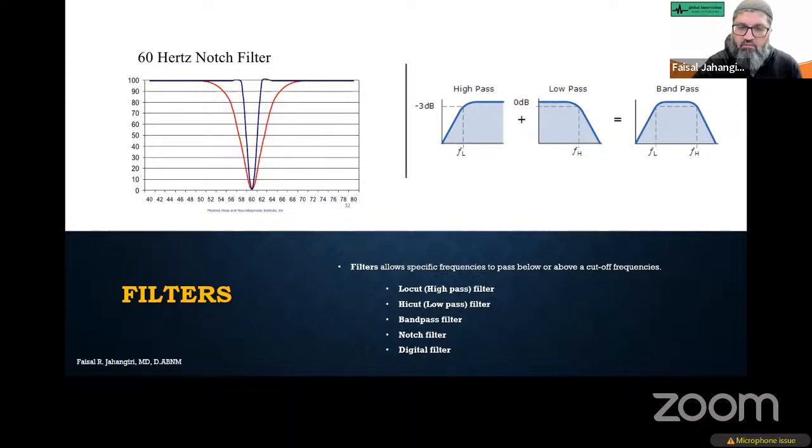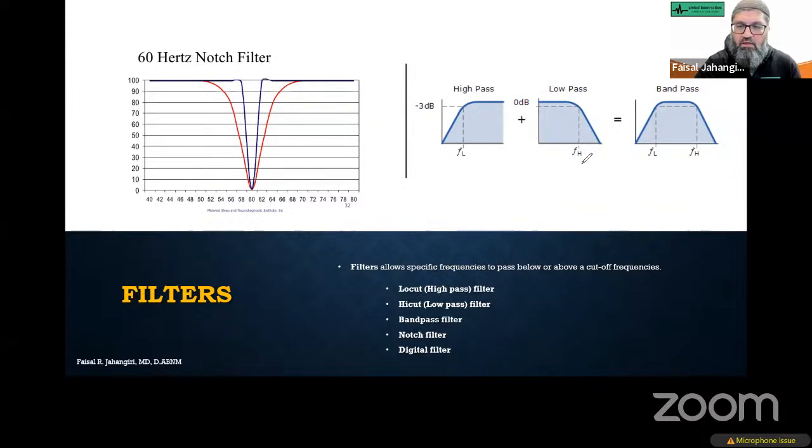So we use a low cut filter, which is the same as high pass: anything below that point will be cut off. We use the low cut at 30 hertz and that will get rid of all the EEG recording from the brain. Then we use low pass, or high cut.